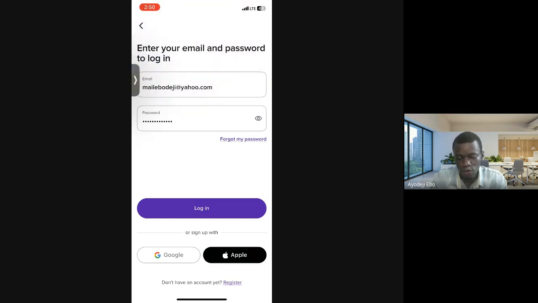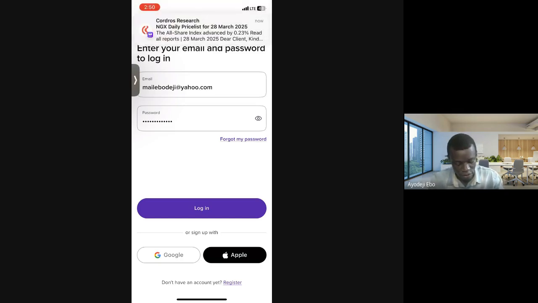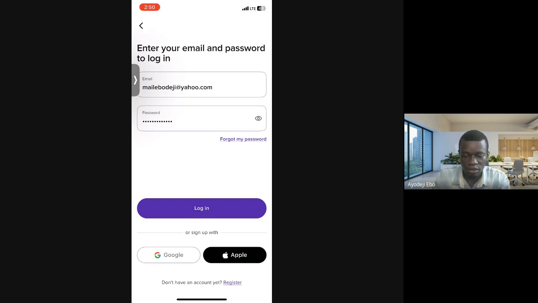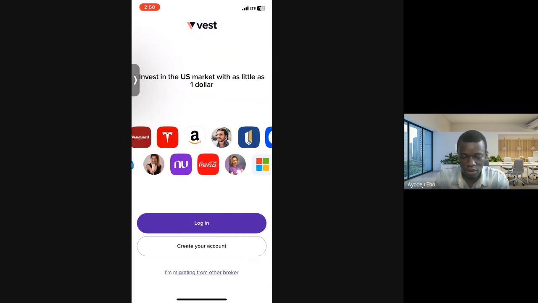You can also fund in naira, and the look and feel of their platform is also very interesting. Sorry, hold on. I want to see if I can log in. Okay, it's not accepting. I'm not able to log in.